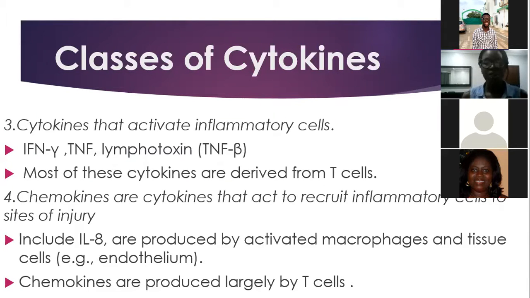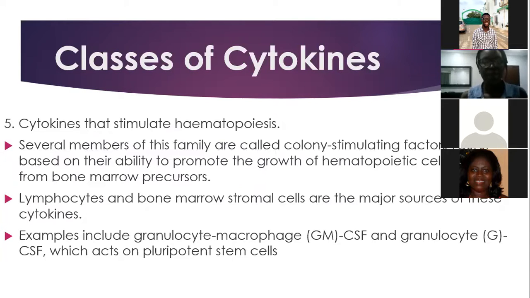Then we have the ones that help with chemotaxis. They bring the white cells to the site of the infection. The last one is the ones that stimulate hematopoiesis, which helps with production of red blood cells.